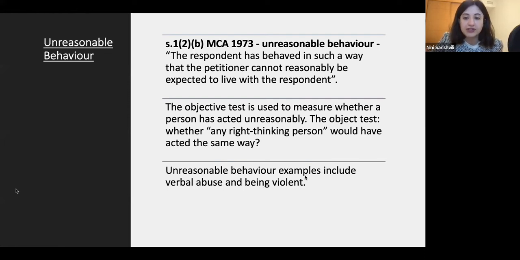Unreasonable behavior examples include verbal abuse, being violent, talking to your partner in a disrespectful way, anything that will make any right-thinking person find it impossible to live with this person.